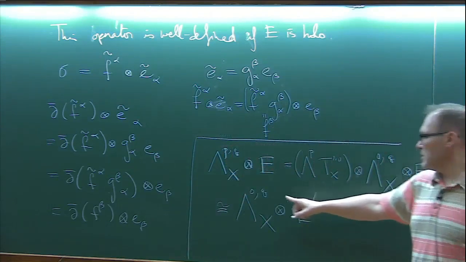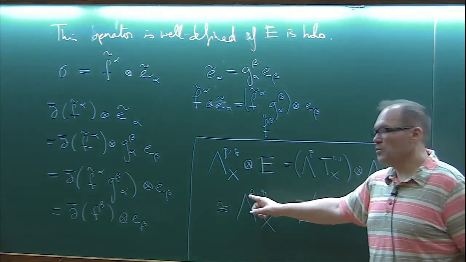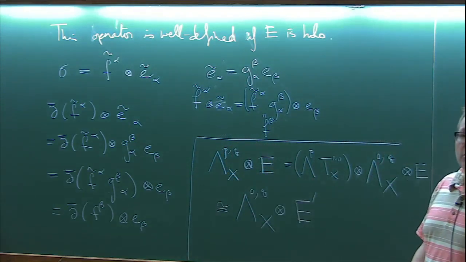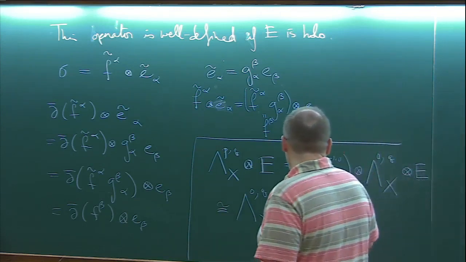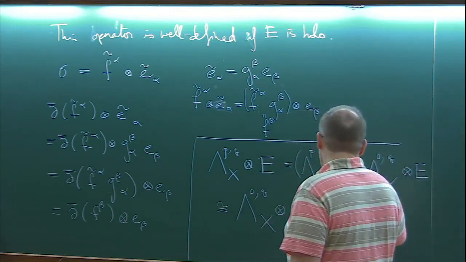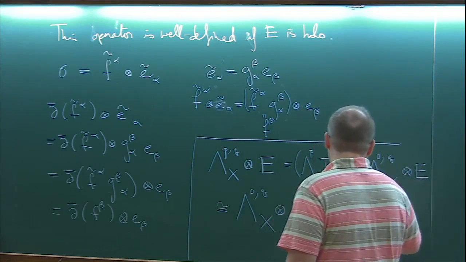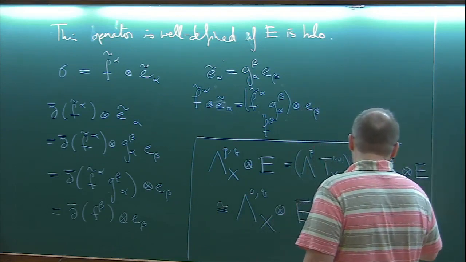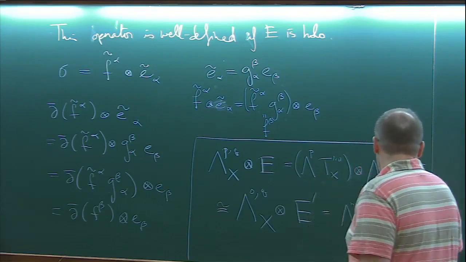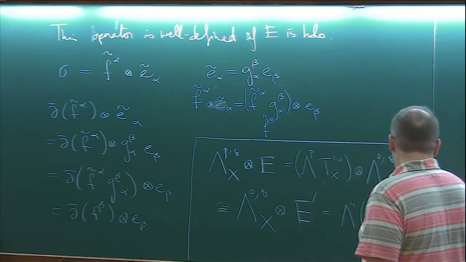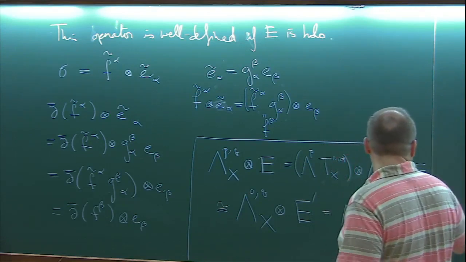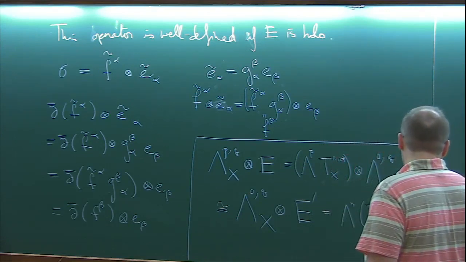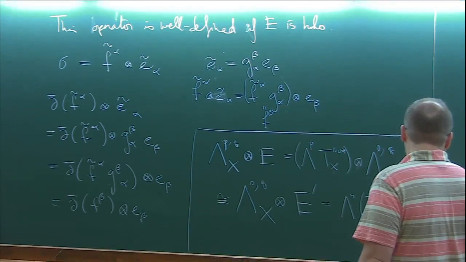So you can reduce to the case p equals 0. Also, I actually want to do the case p equals n as well. So then I just write this as lambda n of T10x tensor with its dual, T10 x star.